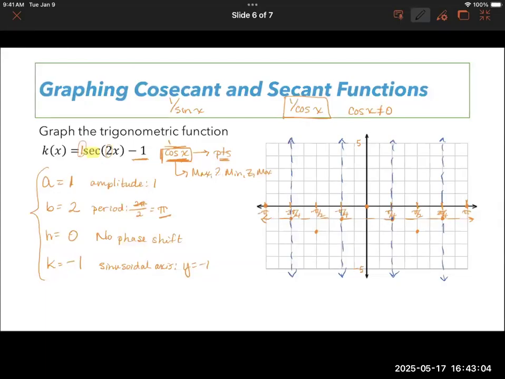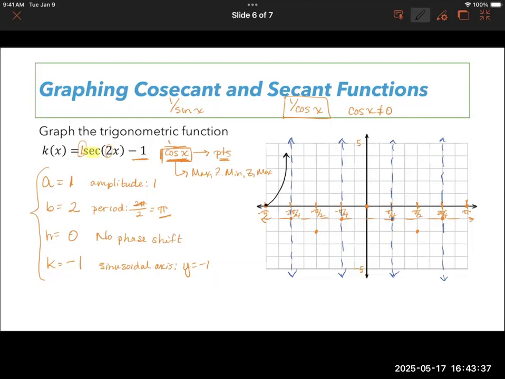And what I'm going to graph is parabola-looking graphs. They're not exactly parabolas, but they look like U-shaped parabolas. And they're going to open up or down depending on whether I'm at a max point or a min point. We're going to use those points like they're the vertex. So if I'm at a max point, we're going to have the U open up and stay inside of our asymptotes.